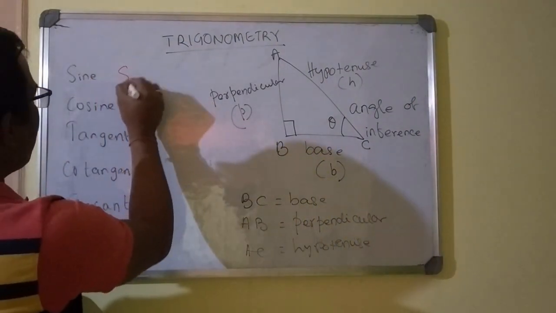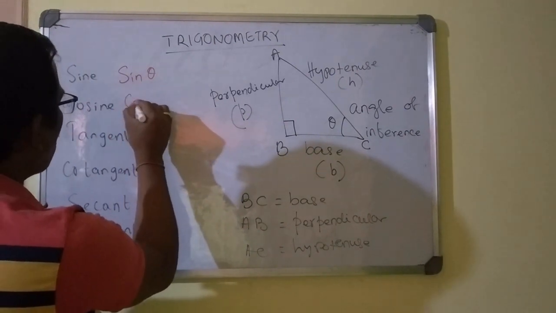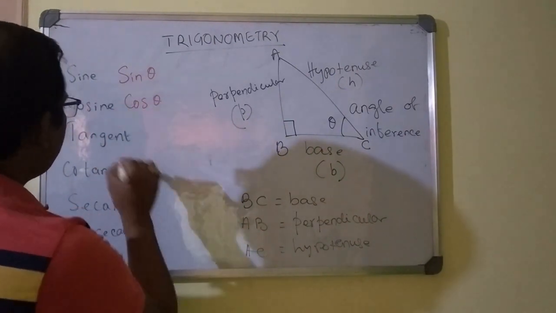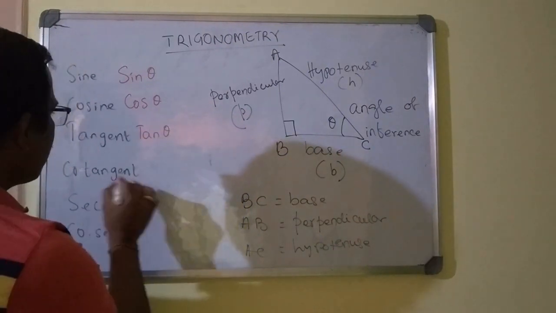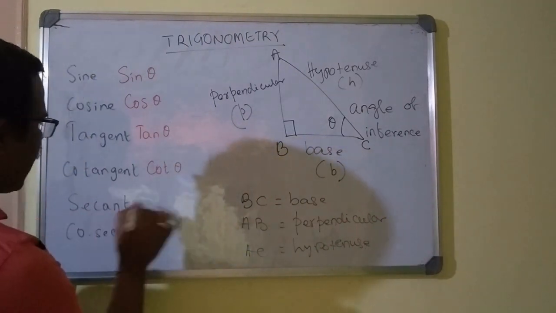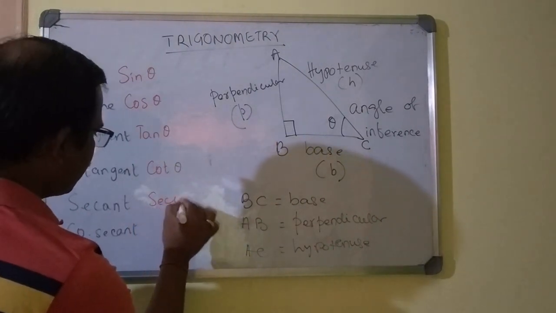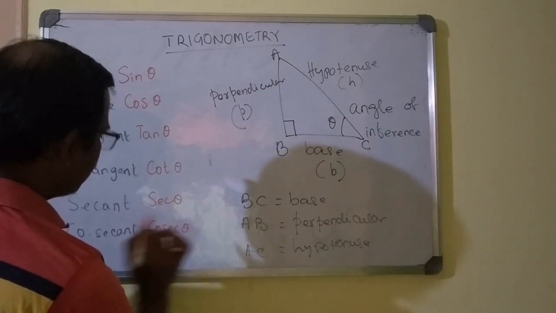Sine is represented by sin theta, cosine is represented by cos theta, tangent by tan theta, cotangent by cot theta, secant by sec theta, cosecant by cosec theta.